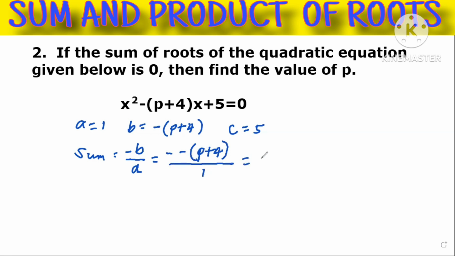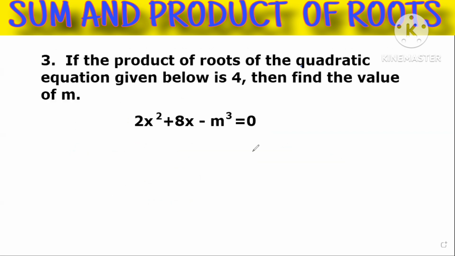Now, negative of negative is P plus 4 over 1 or P plus 4. Now, since it is given that the sum is 0, then we can equate P plus 4 to 0. Therefore, P is equal to negative 4.